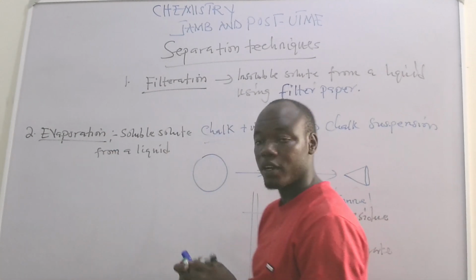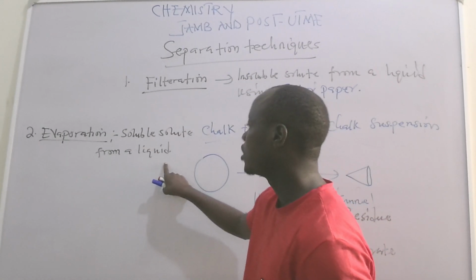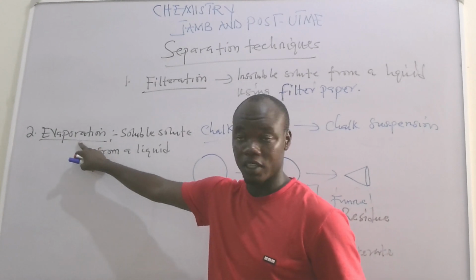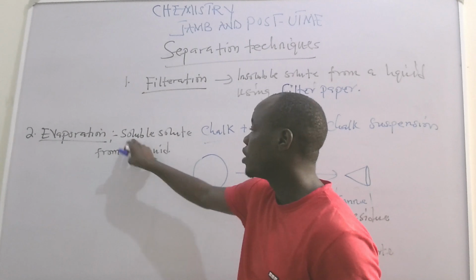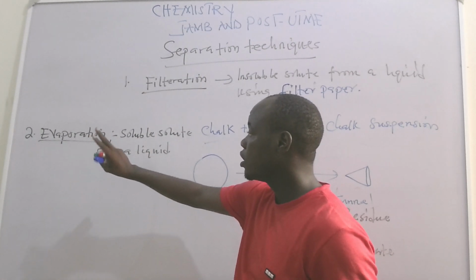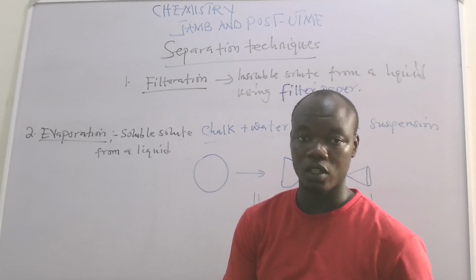So when you are separating a soluble solid from a liquid, you are using evaporation. And in this method, usually heat is used.